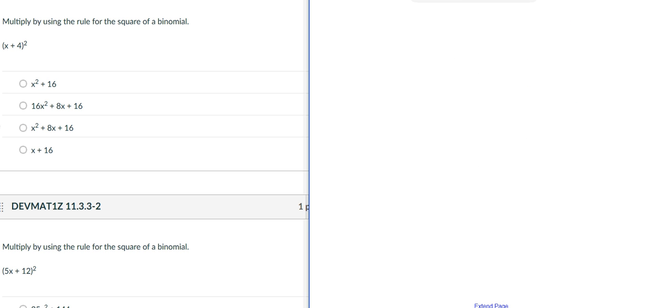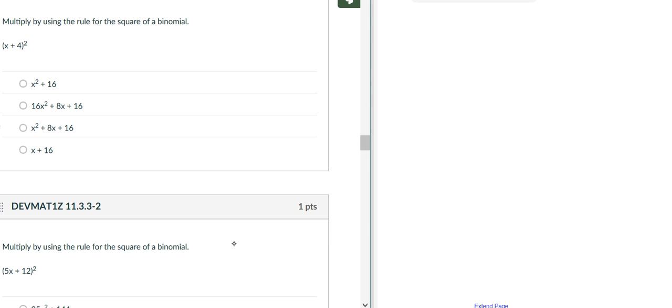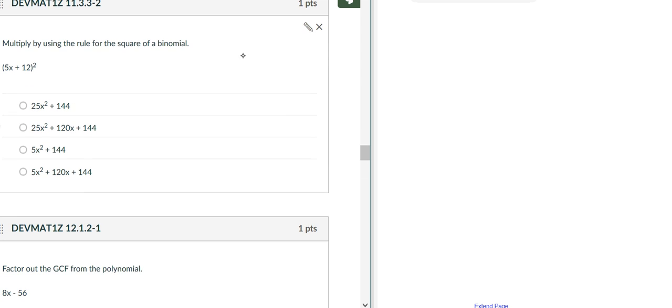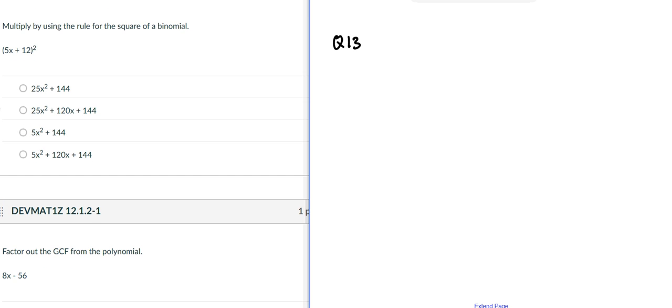Now, let's work on question 13. Question 13 here, 5x plus 12 squared.